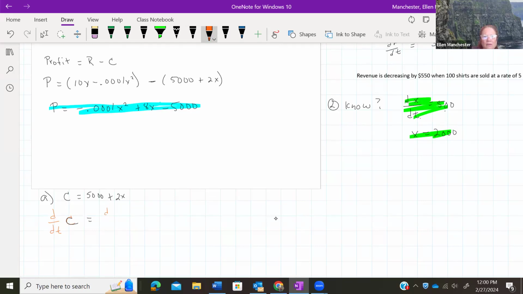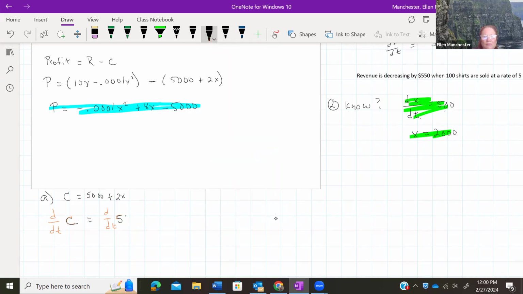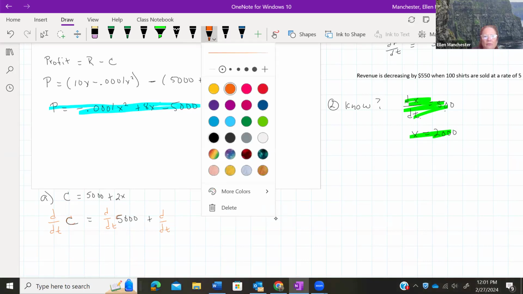The derivative of 5,000 in terms of time. And then the derivative of 2x in terms of time.